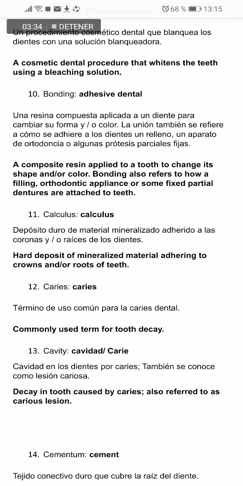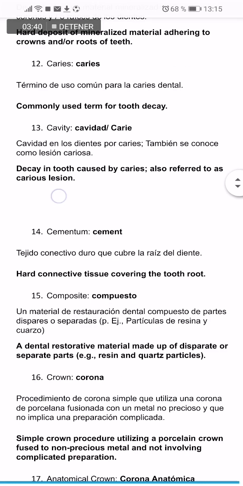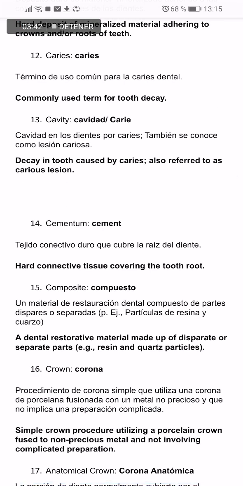Caries, que son las caries: commonly used term for tooth decay. Cavity, cavidad o carie: decay in tooth caused by caries, also referred to as carious lesion.